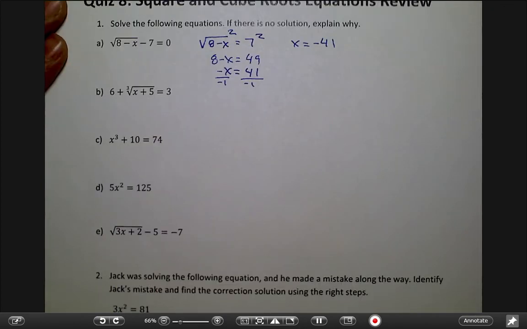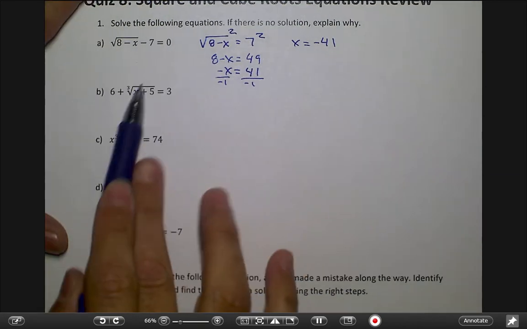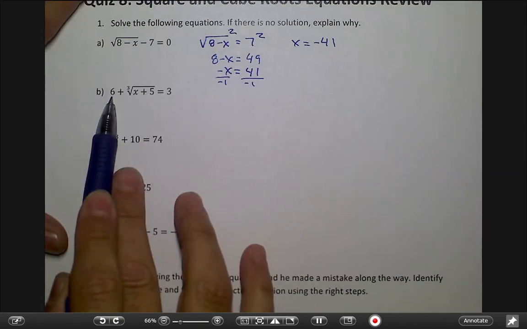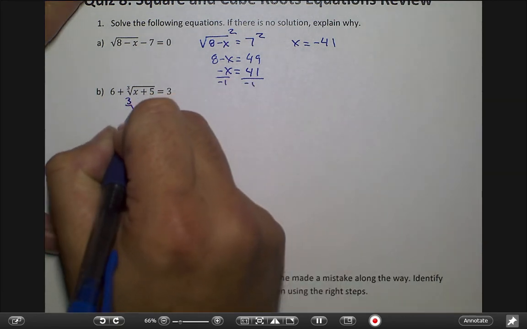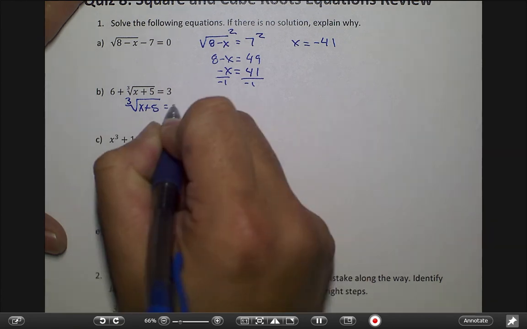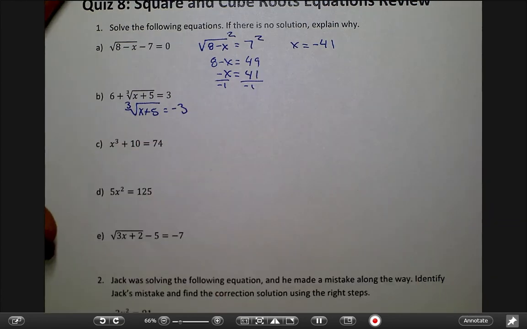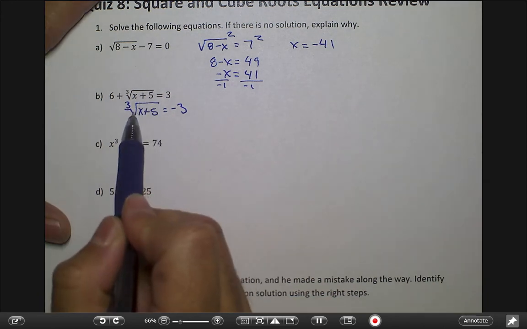Okay, so let's keep going. For this next one down here, I need to get the radical by itself. So what do I do to this? Very good. It's going to be cube root of x plus 5 equals negative 3, because I'm subtracting 6 from both sides. Now with a cube root, I'm allowed to have a negative, right?